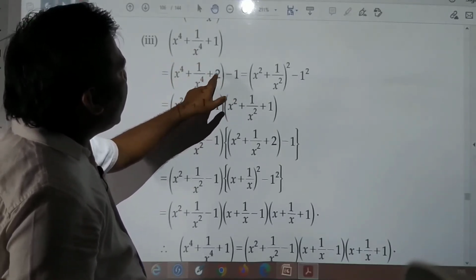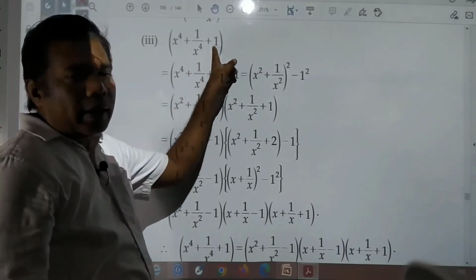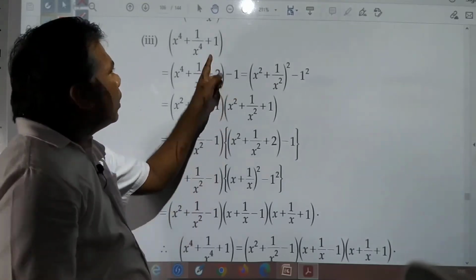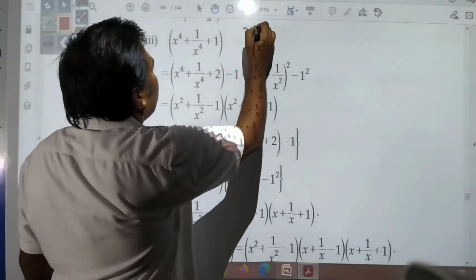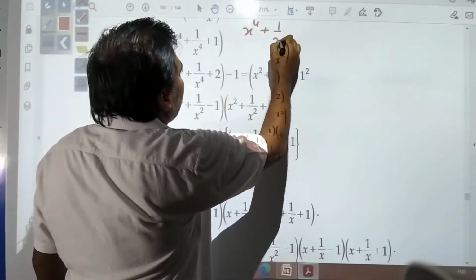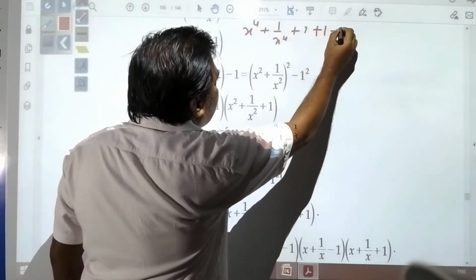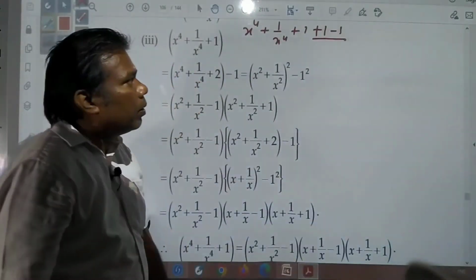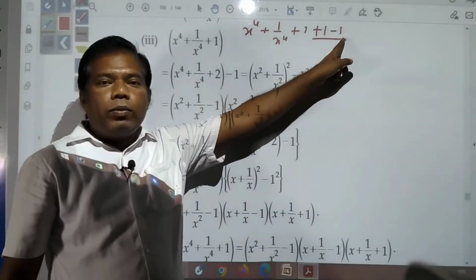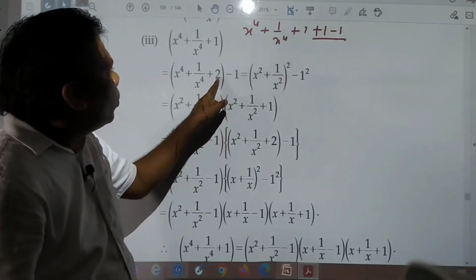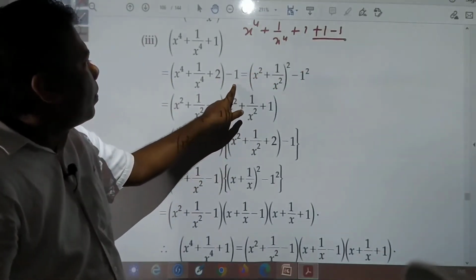And if 2 you are writing, it means what? 1 you had, but 2 you are writing, so 1 will be required to be subtracted. Or simply, x to the power 4 plus 1 by x to the power 4, plus 1 and minus 1 you have done by yourself. So this 1 and 1 became 2 and this is minus 1.